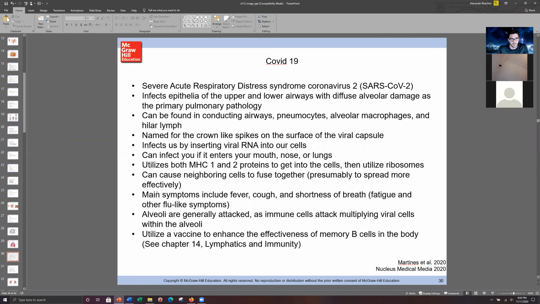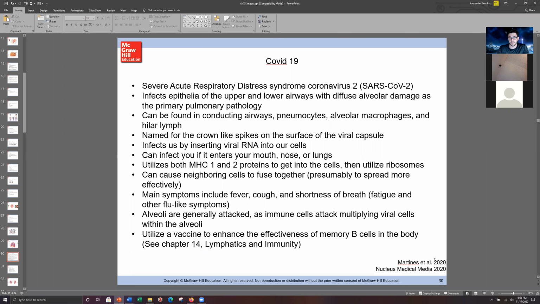All right. Obviously, we don't have enough time to cover everything. You could teach an entire course on the coronavirus at this point. But this is just some material on how it affects the respiratory system. The academic paper that I cited, you can look up the author. There are a bunch of different authors on it, but the first author is Martinez et al.